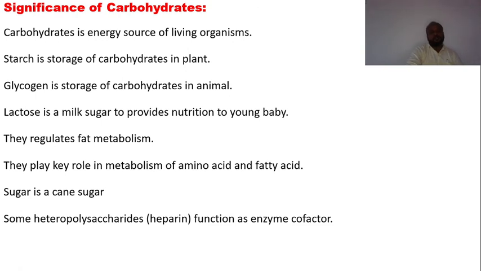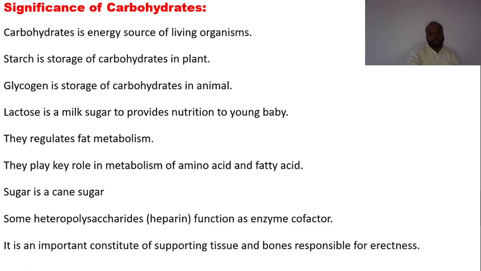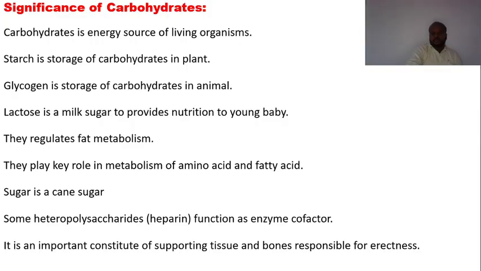This is the significance of carbohydrate, and it also acts as a supporting tissue in plants and animals. I think you have got what is meant by carbohydrate, how they are classified, and we briefly described the monosaccharide, oligosaccharide and polysaccharide with examples.